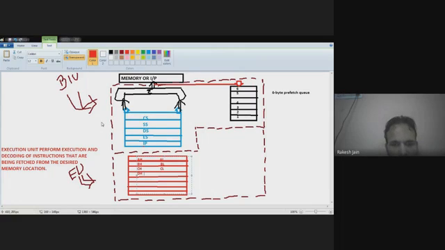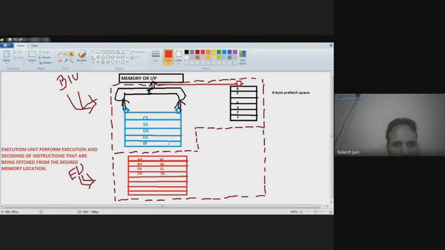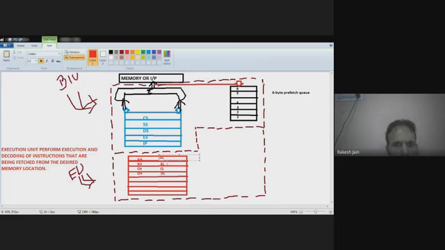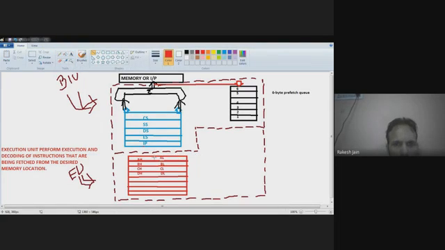These are general purpose registers in case of 8086. These are general purpose registers because they are divided into lower and upper categories. That's why I just divide the section, to show you the lower byte and upper byte.